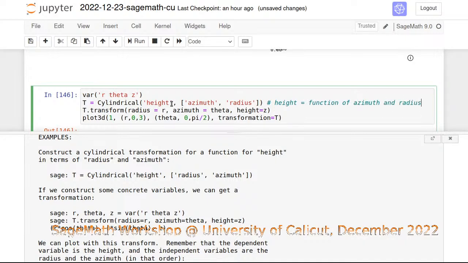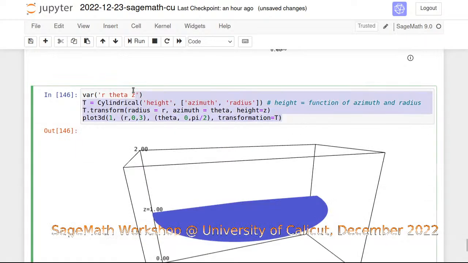If you change this, you will be getting different plots. If you modify this cylindrical construct, suppose radius is dependent and height and azimuth are independent, you will be getting a different picture. Let us see that.